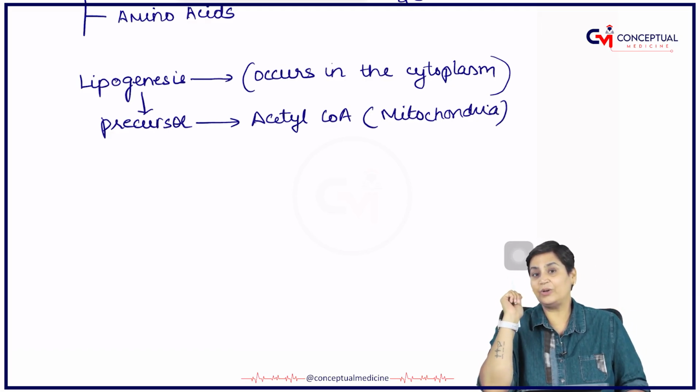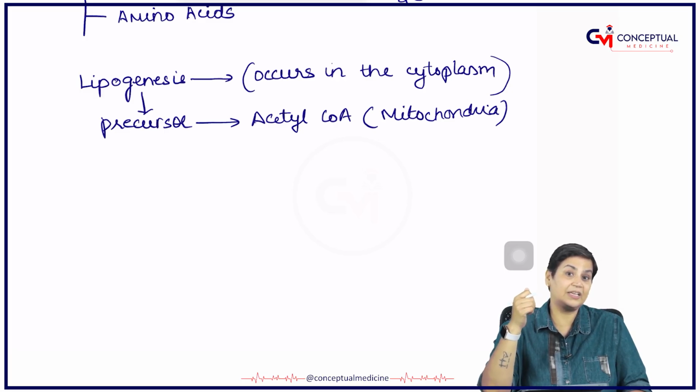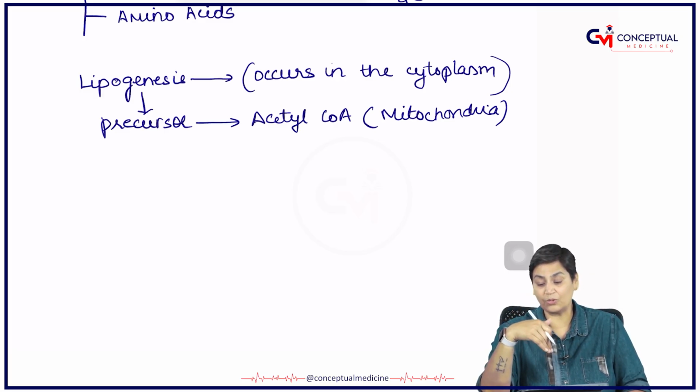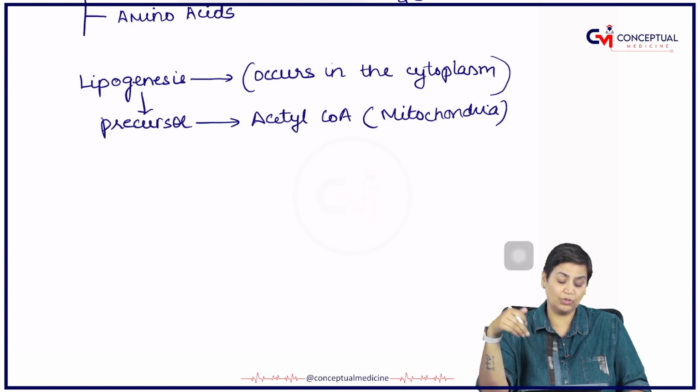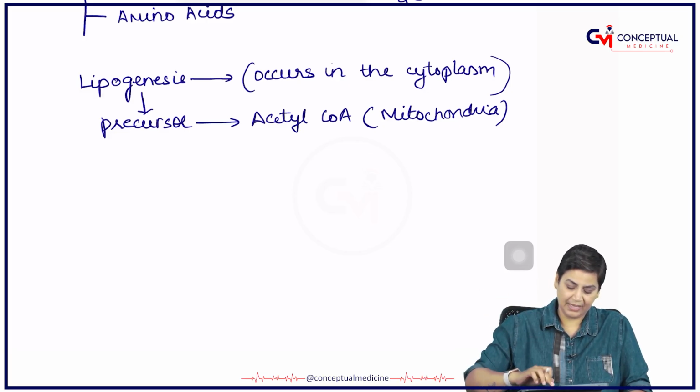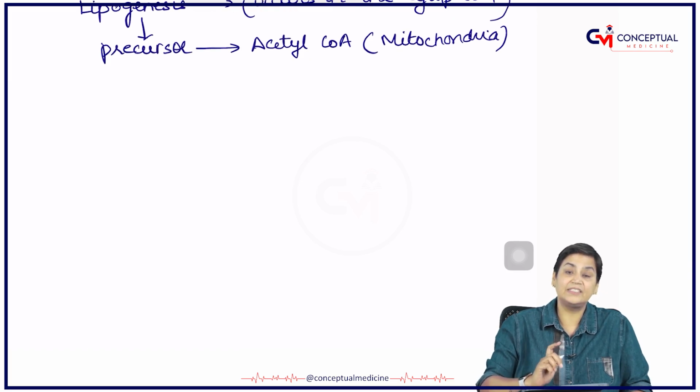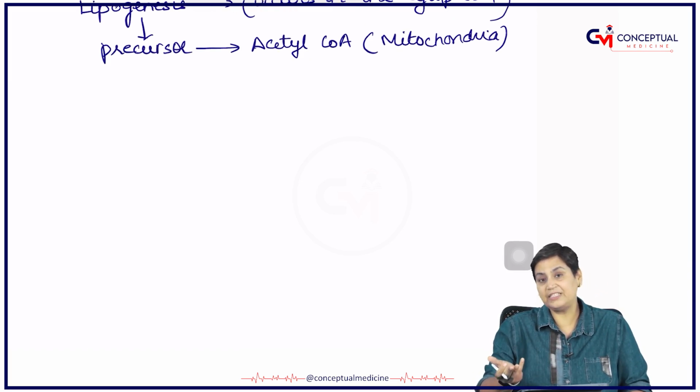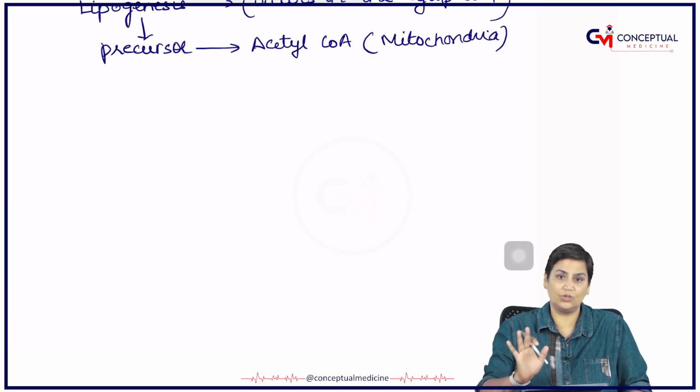So acetyl coenzyme A is impermeable to mitochondrial membrane. Instead, citric acid is transported from the mitochondria to the cytosol, where it is converted back to acetyl coenzyme A. And this is also known as citrate shuttle. So if TCA cycle is not there, citrate shuttle is not possible.